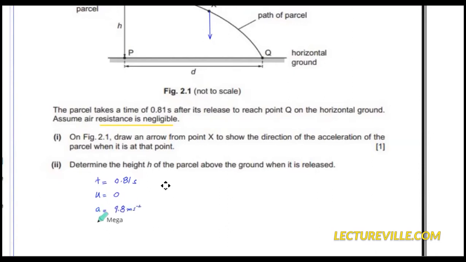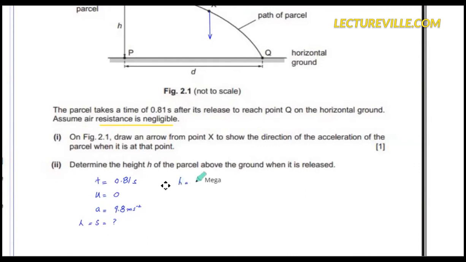And somebody is asking you for distance traveled, which is equal to height. Now, how much distance has it traveled vertically downward? So, which formula do you think should apply over here? We have a formula, height equals half a t squared for something which is dropped from rest.